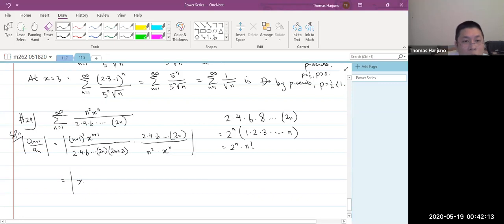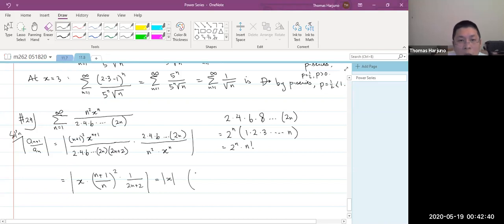Only x, and then for the n part will be n plus 1 over n squared times 1 over 2n plus 2, which is equal to absolute of x, right?